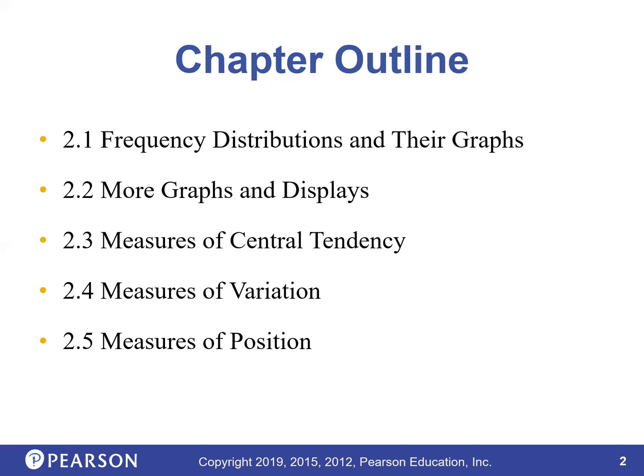But here we're just looking at how do I find the middle of something? 2.4, how much variation is it? Are almost all the students between a 2.2 and a 4.0? Or is it between a 1.7 and a 4.0? What's the spread?